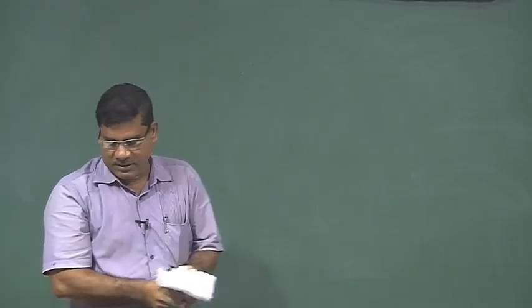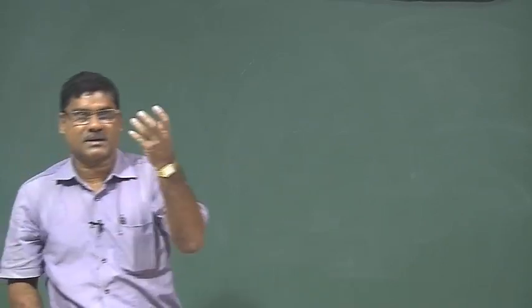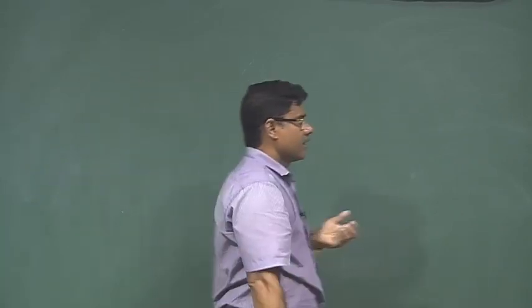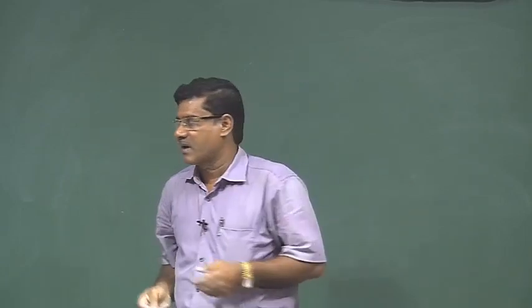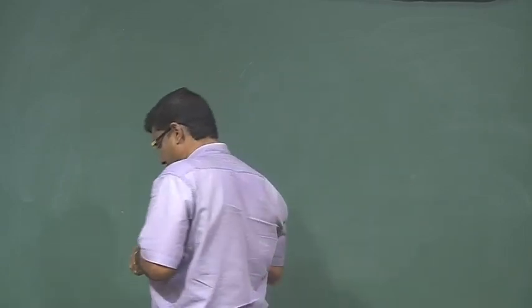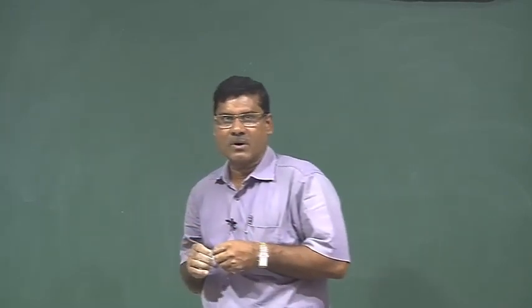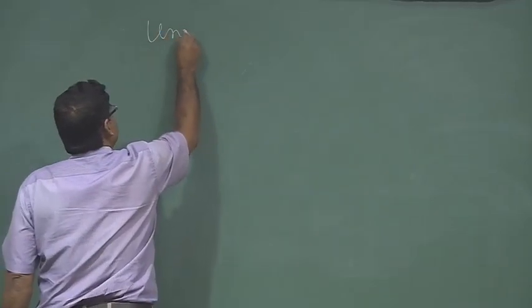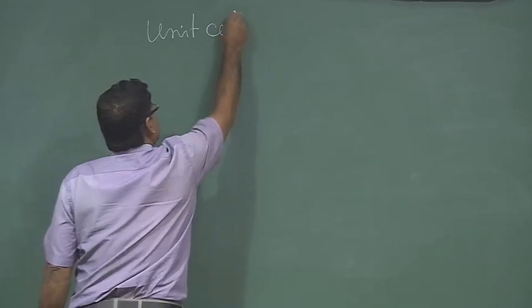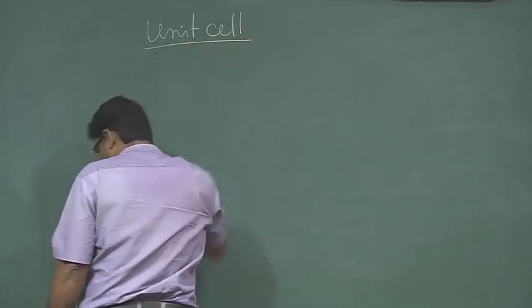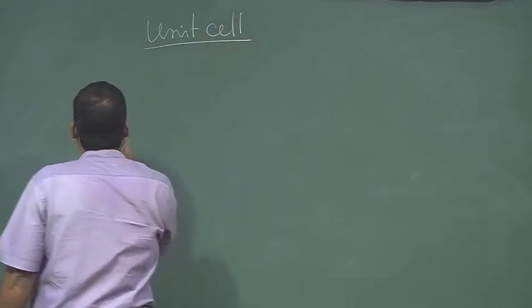Already you know what a unit cell is. It is the smallest pattern unit, the repetition of which one can form the crystal. Basically there are two types of unit cell.